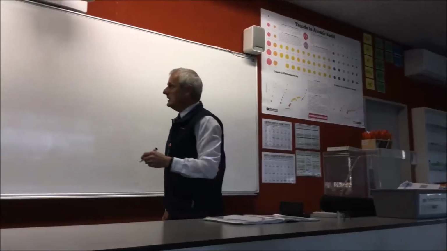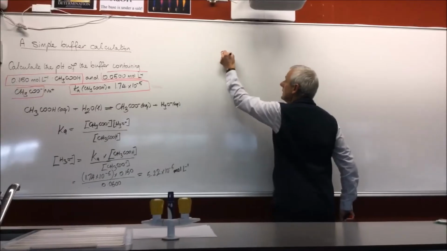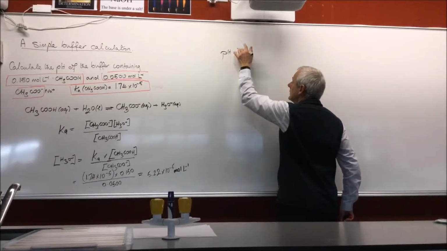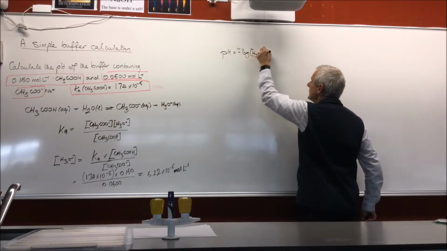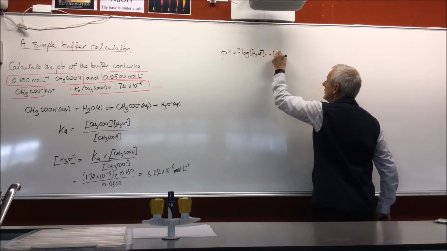Hopefully that's it. Okay, so pH equals minus the log of H3O plus, which is equal to minus log.